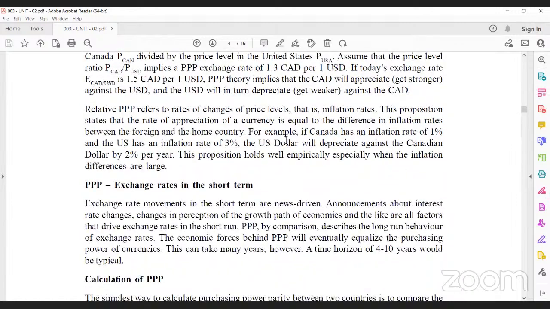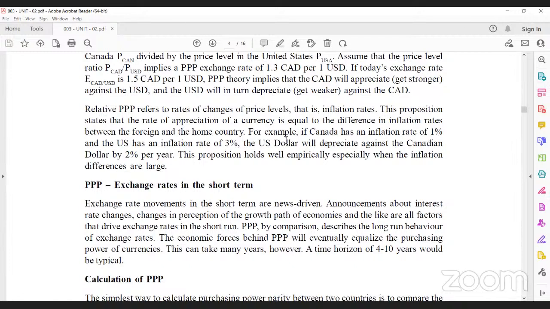On the other hand, relative PPP means the rate of change of the exchange rate depends on the inflation rate of price levels. This proposition strongly supports that the rate of appreciation of a currency is equal to the difference in inflation rates between the foreign and home country, like Canada and, say, the US.